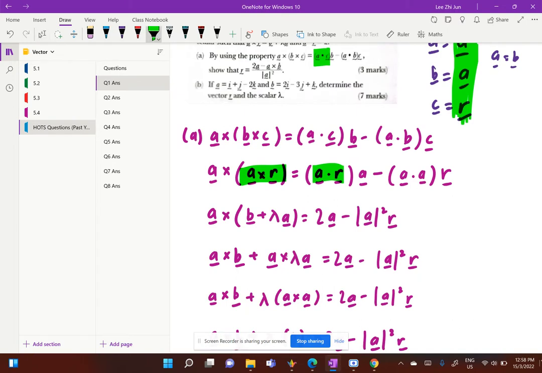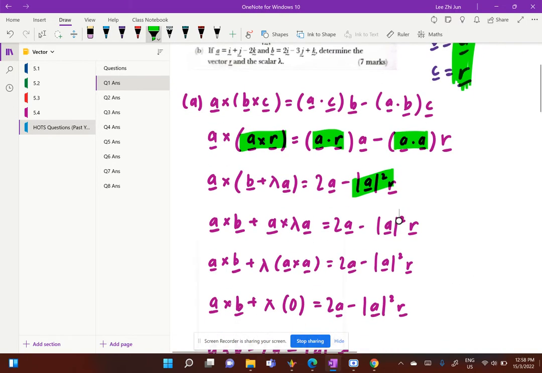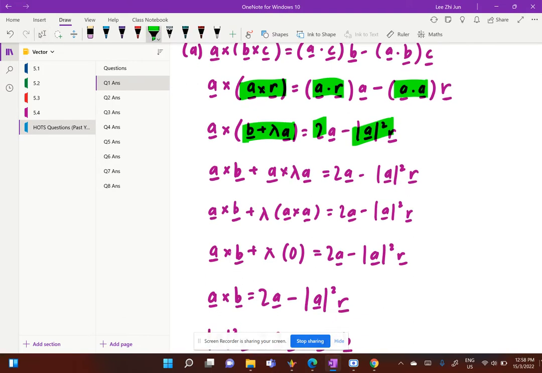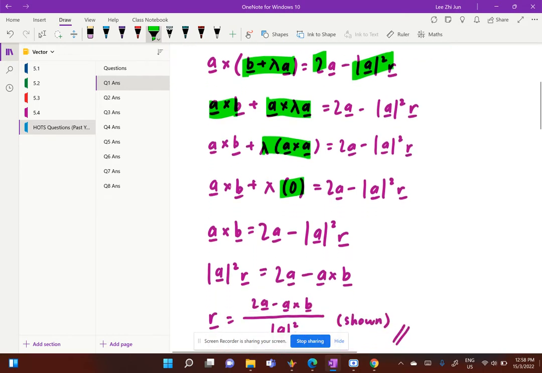So A equals B, so it will be A dot A, and A dot A will be A squared, times R, equals B plus lambda A, where A dot R equals 2. Then in the vector product, A cross lambda A, we can take out the lambda, so it becomes A cross A, and A cross A will become 0.